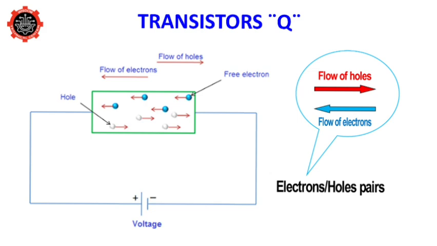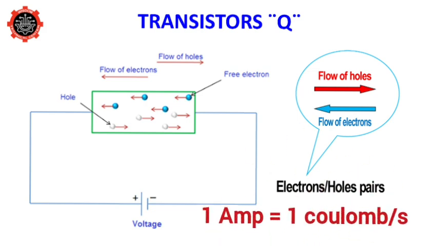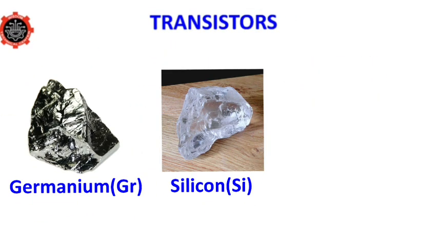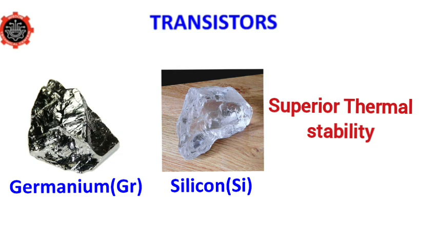Electrons always move from negative to positive, while holes move from positive to negative, giving these electron-hole pairs, which mean 1 amp, 1 coulomb of charge per second. So therefore, one of the best reasons for choosing silicon over germanium is its superior thermal stability.